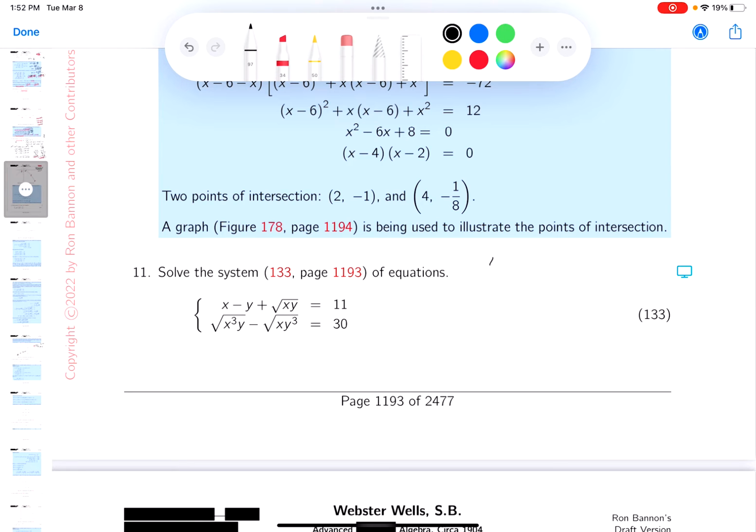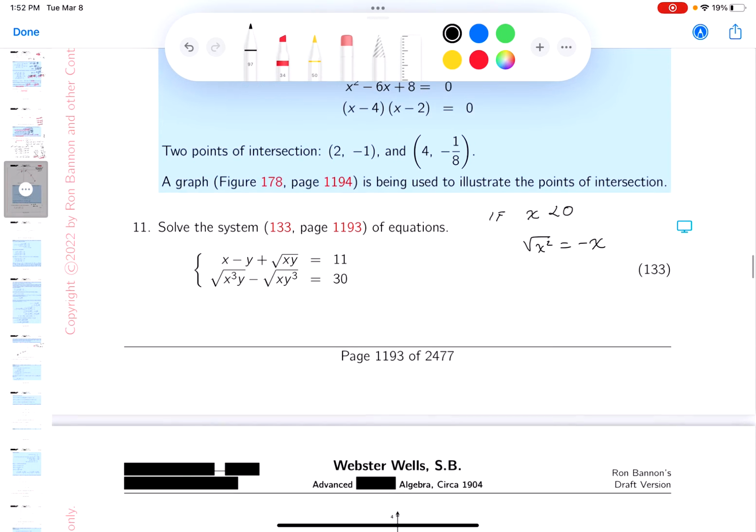Okay. If x is less than 0, the square root of x squared is actually minus x. All right, let's look at that.